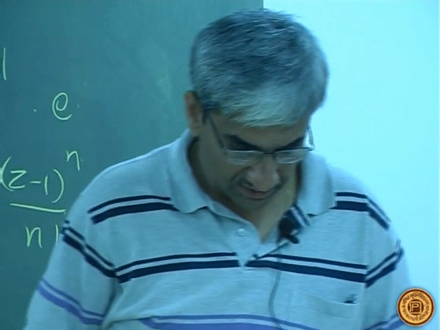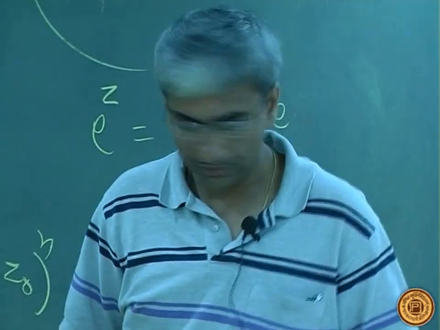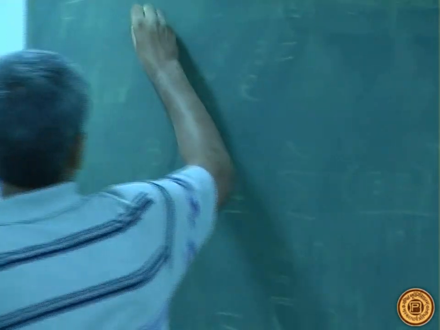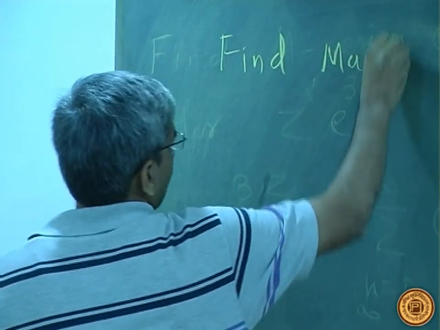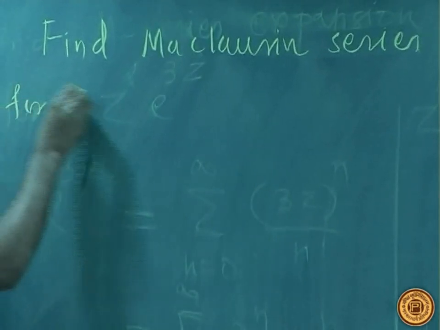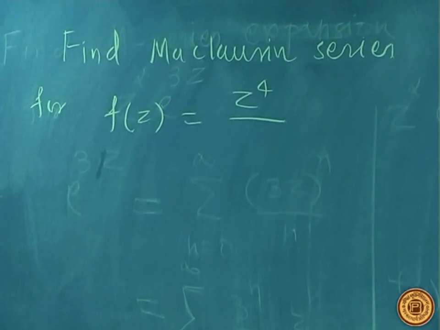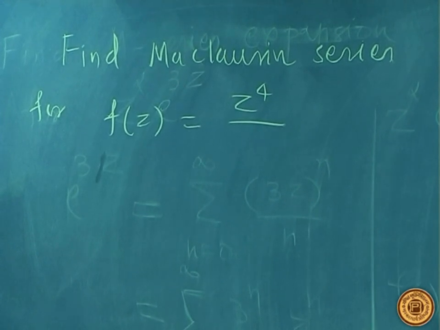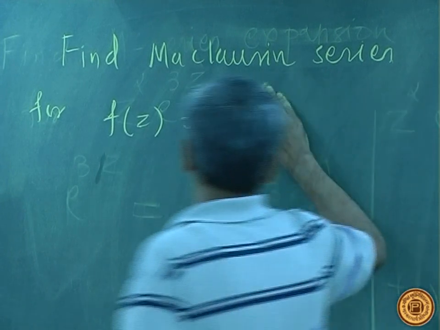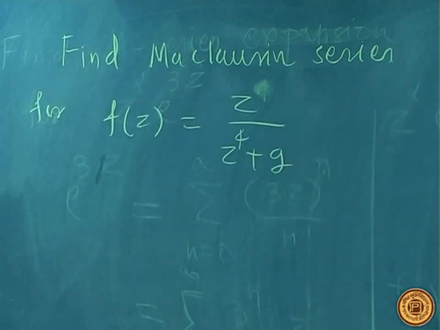So find the Maclaurin series for the following function, z upon z raised to 4 plus 9. Z upon z to the power 4 plus 9.